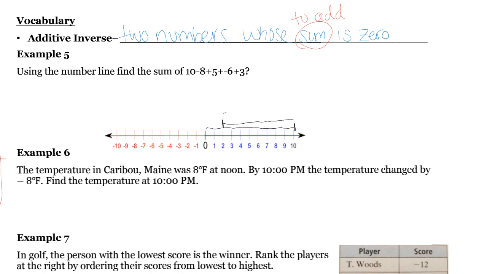But then from that number, we're adding 5. Then from that number, we're adding a negative 6, which is the same as subtracting 6. Then from that number, we're adding 3. And what does that give us? That'll give us a 4. So you're drawing lines to help you visualize what you're doing if you're given an expression like that.